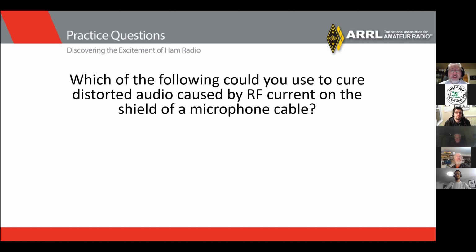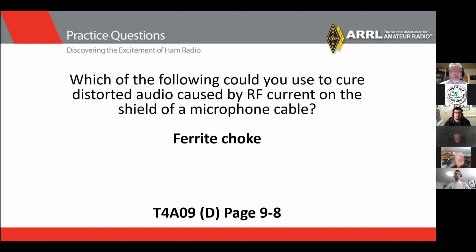Which of the following could you use to cure distorted audio caused by RF current on the shield of a microphone cable? That would be a ferrite choke. If you look at a VGA cable for your computer and your video, a lot of times you'll see a rounded little thing at each end of it.